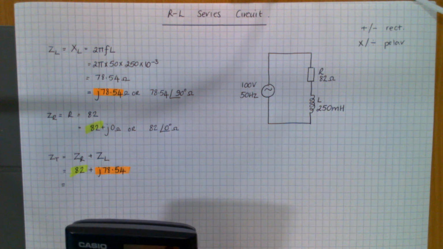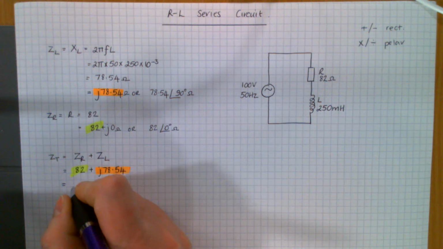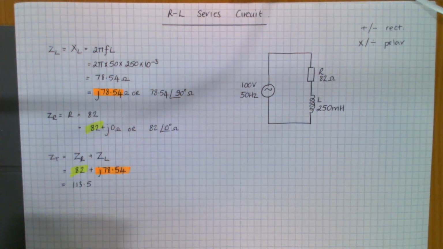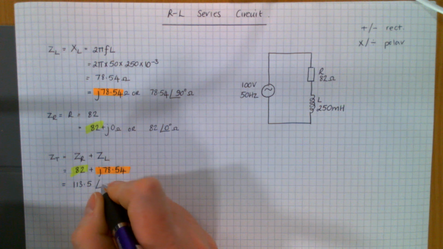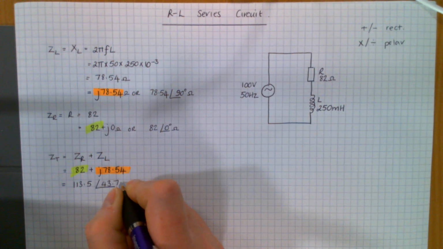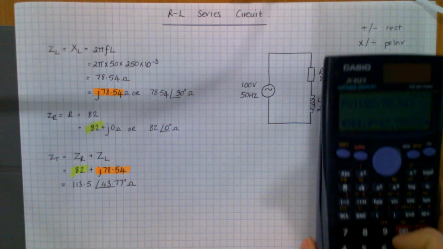So in your calculator, usually it's shift pole, then 82, 78.54. And that'll be your conversion. So it gives you an R, which is the magnitude, sticking to 4 significant figures, and an angle, which will be a positive angle, 43.77. And that's ohms.